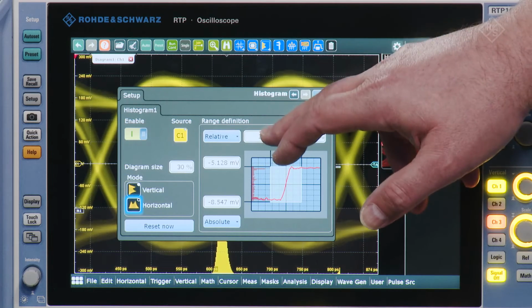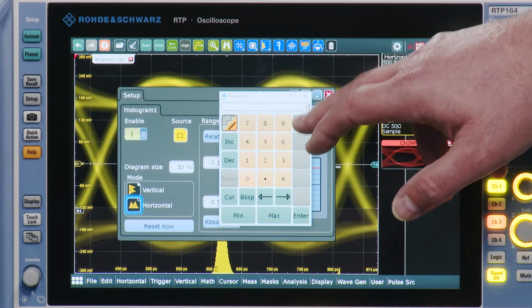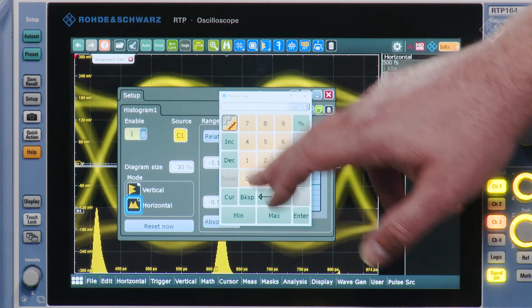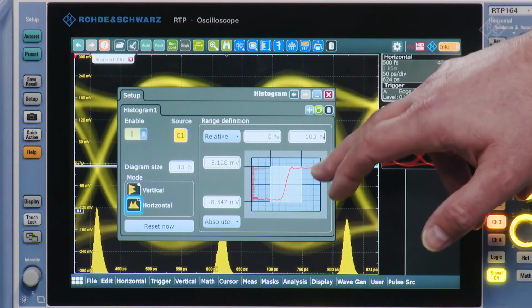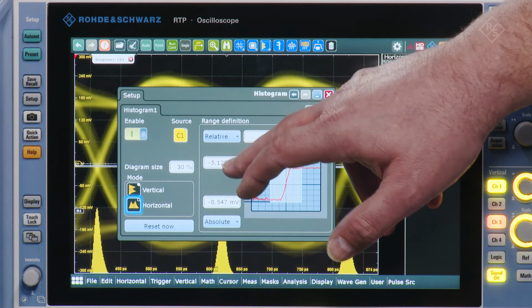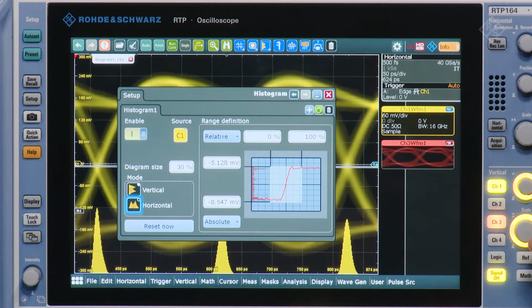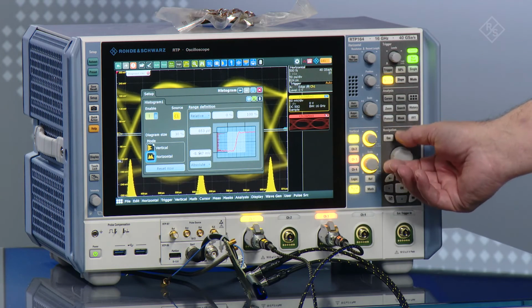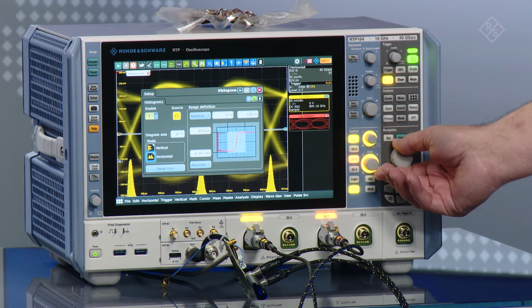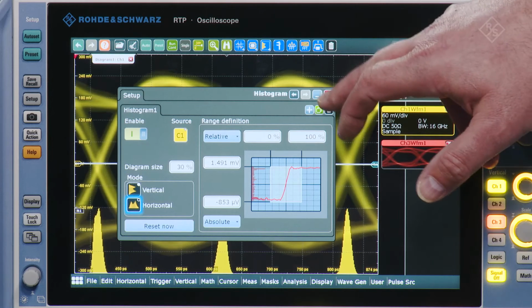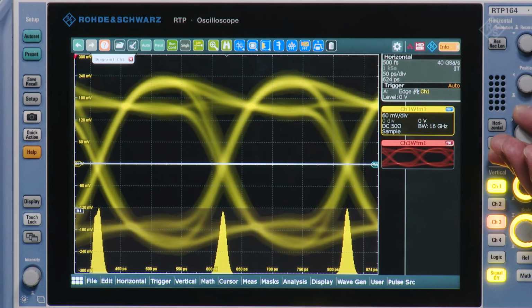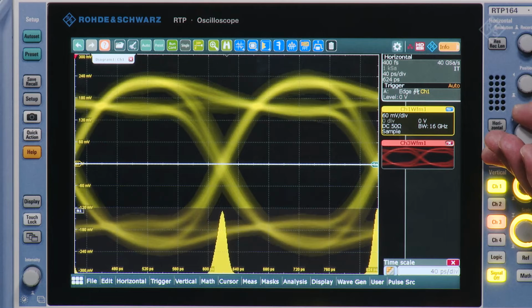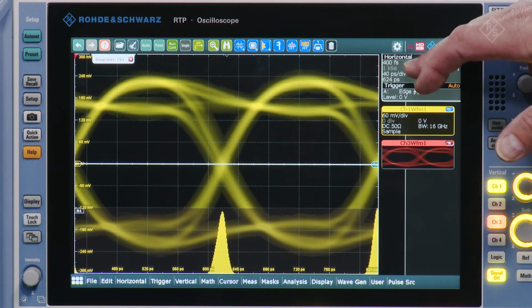Turn on the relative path from 0% to 100%, and make the vertical threshold as small as possible around the center. Now I have to set the record length accordingly, so that I have about 1.5 to 1.75 UI. So I will do that here.